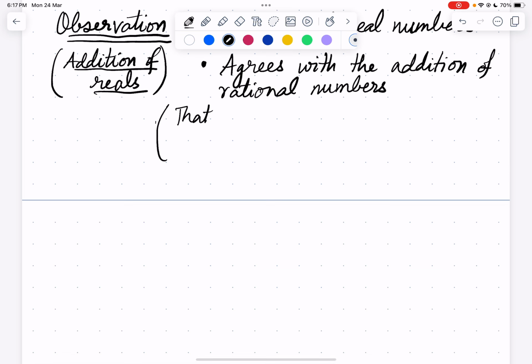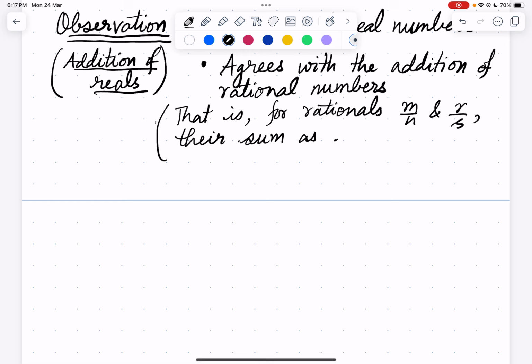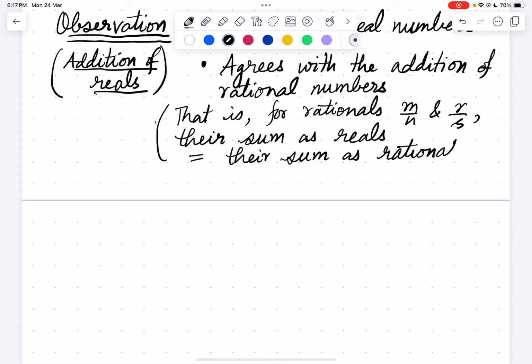That is, for rationals m by n and r by s, their sum as reals is just equal to their sum as rationals. Both kinds of summations, summing them as reals and summing them as rational numbers, give the same result.